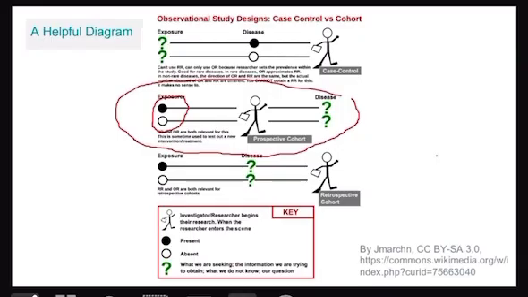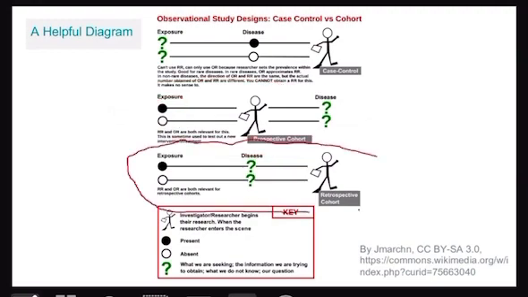If you go for the other one, which we call retrospective cohorts, we have exposure, but you will see that the two cohorts, one prospective, the other retrospective, in both we want to figure out how the development of the disease relates to exposure.